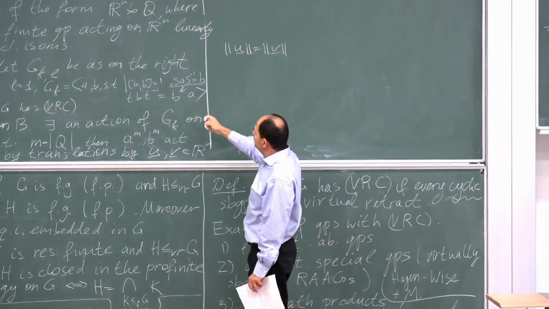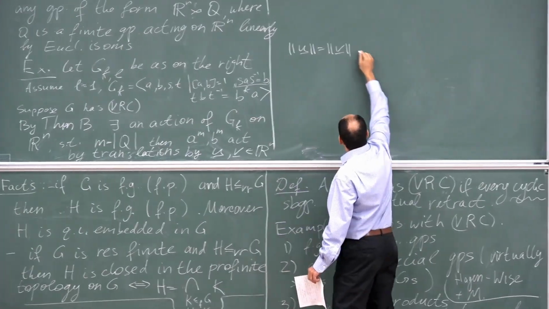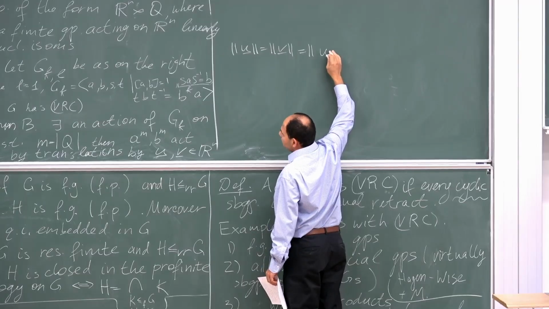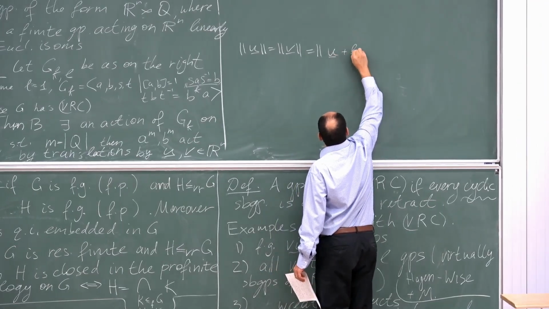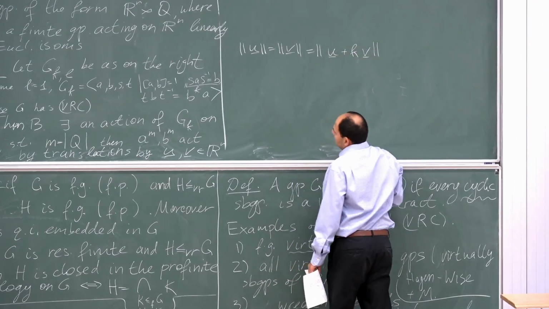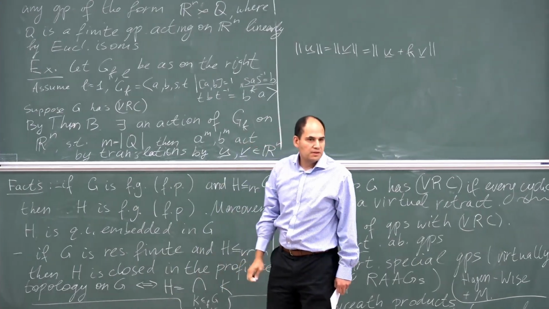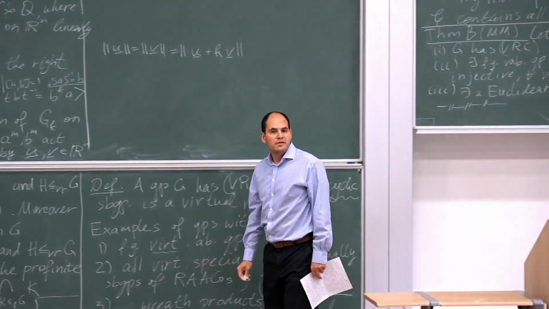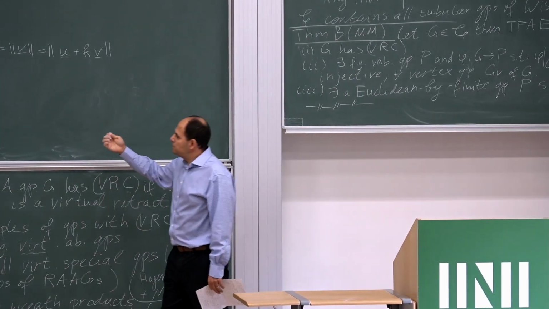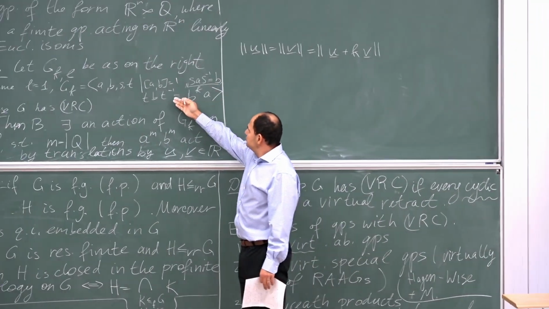And moreover, this condition here tells us that the norm of U plus KV is also the same because that's conjugate to B. Okay? And A and B commute. So this is the geometric information I extract from these relations.